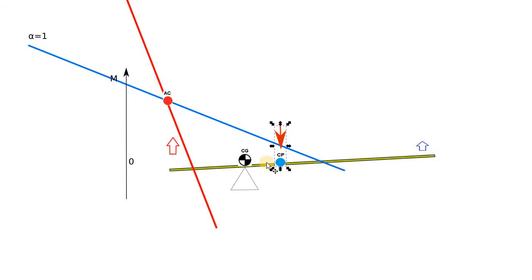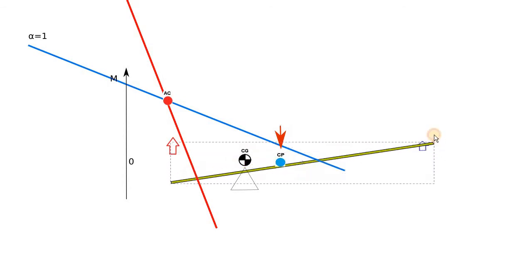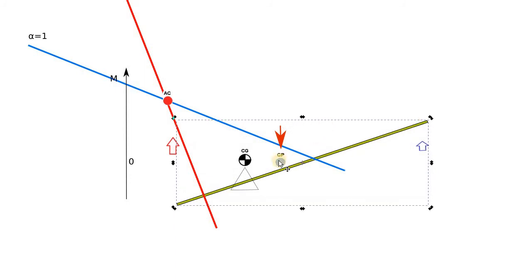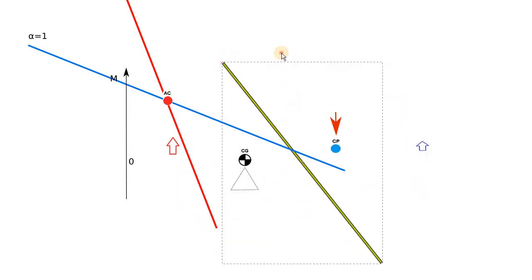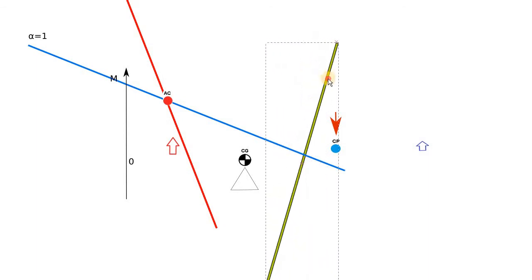Because we have more tail, we have a stronger moment acting on this tail, so we're going to have this situation, which moves the center of pressure even closer to the lower angle of attack, and so on. Eventually it's going to follow to the negative angles of attack. The plane again is going to be in the runaway situation, so it's going right to the ground.